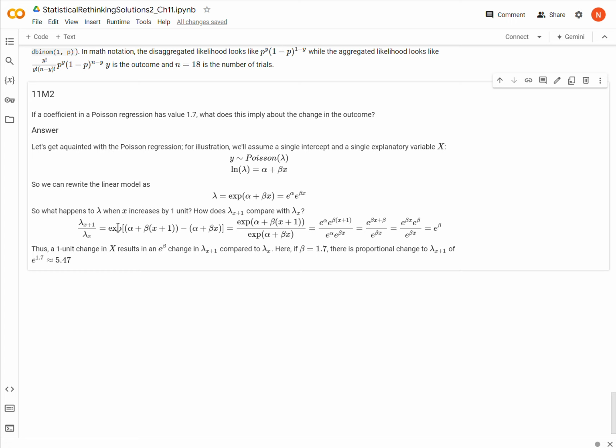Now we exponentiate this. There are other ways to do this, but this is, I think, the easiest way to see it. So I'm just comparing my linear model when x is x versus when x is x plus 1, and I'm taking the difference.